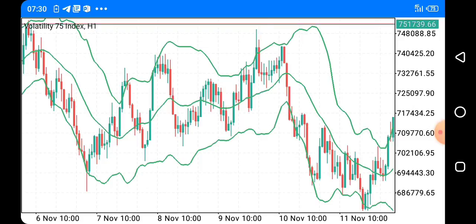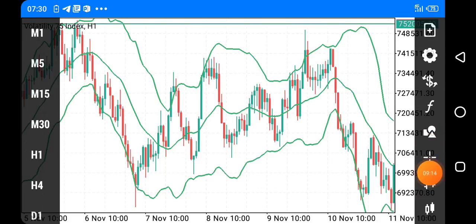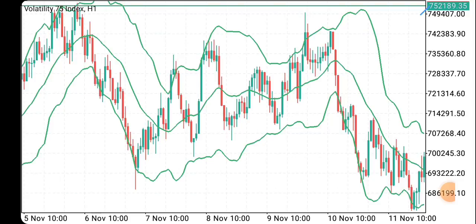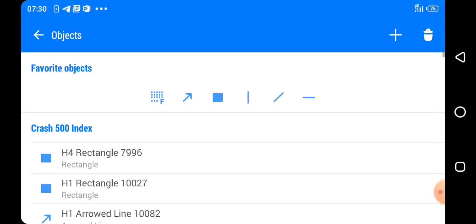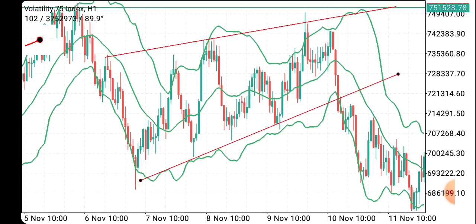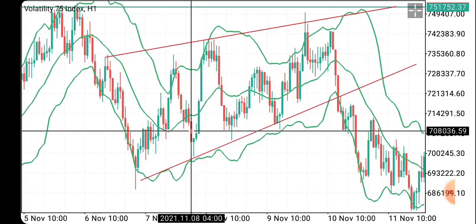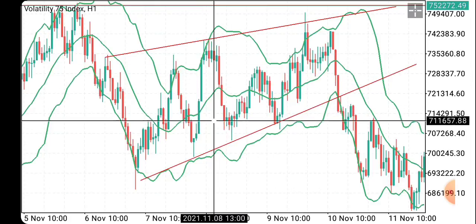You can still use this in combination with chart patterns. Just looking at this chart, you can see that there's a chart pattern here. If you use a trend line, you see that the trend line is in collaboration with the Bollingers. So let's sketch it out. This is a chart pattern, which is the rising wedge.